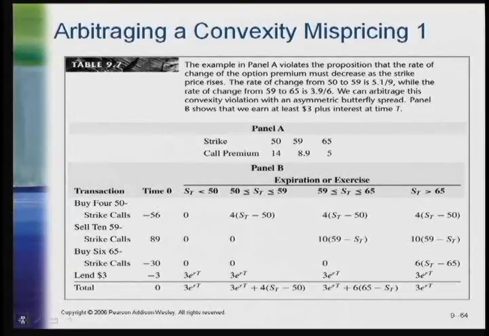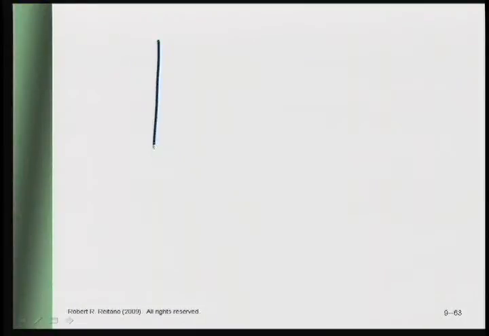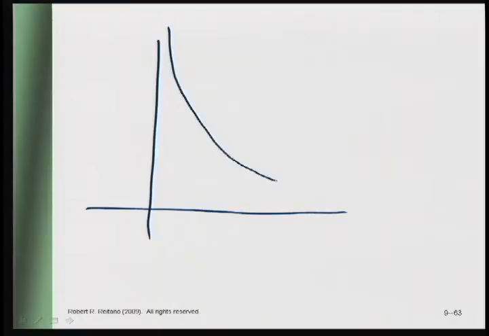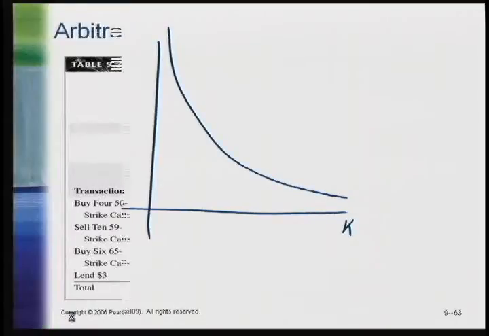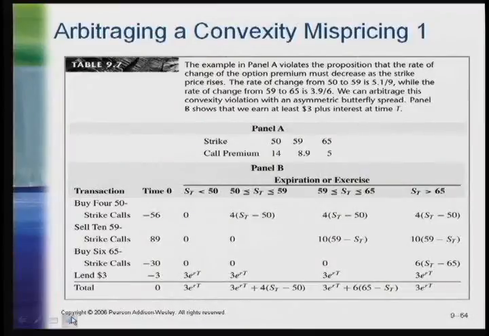So let's do a graph as we're doing this. We have our call function here as a function of strike, and we have strikes of 50, 59, and 65.